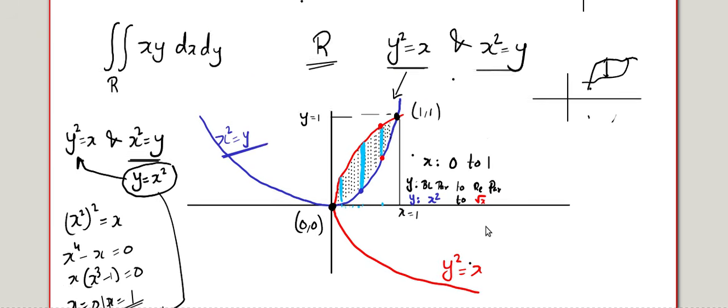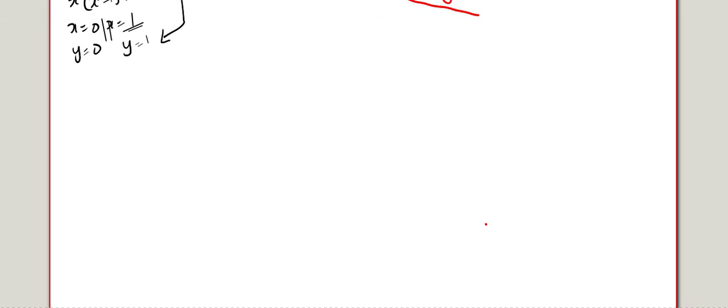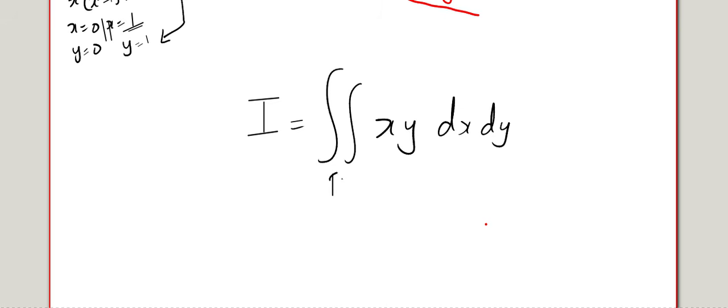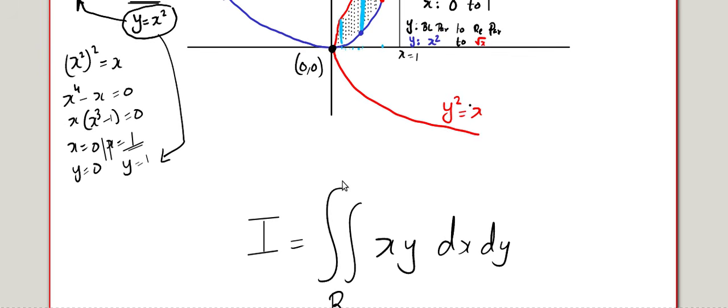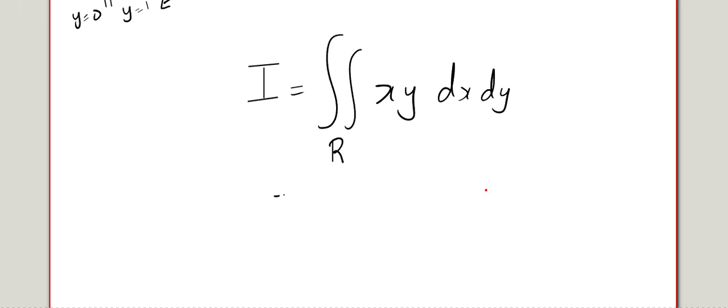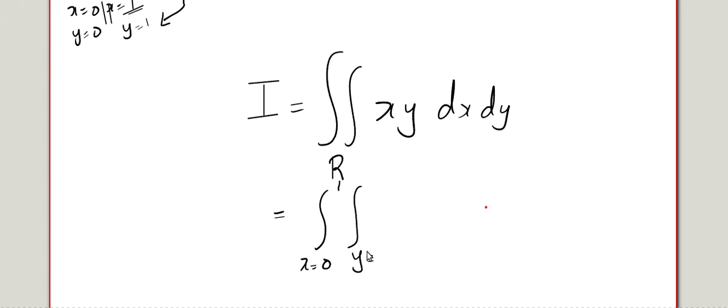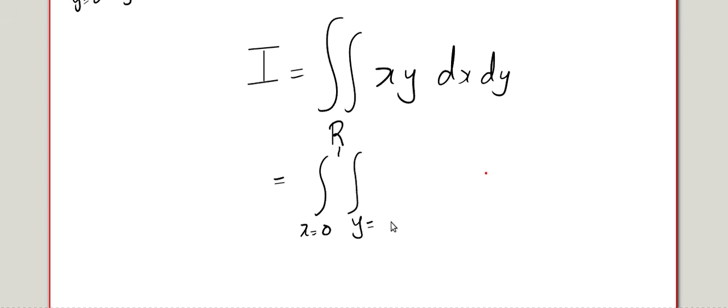Now back to integration. So the given integral is over the region R. Now we converted the region R into limits, and it tells us x varies from 0 to 1. So remember, the outer limit will be constant and the inner limit will be the variable limit.